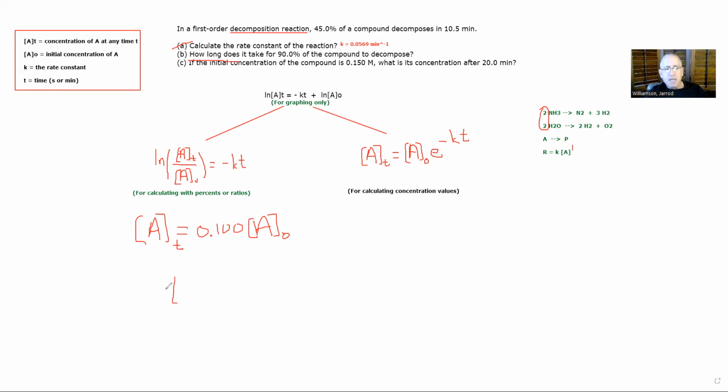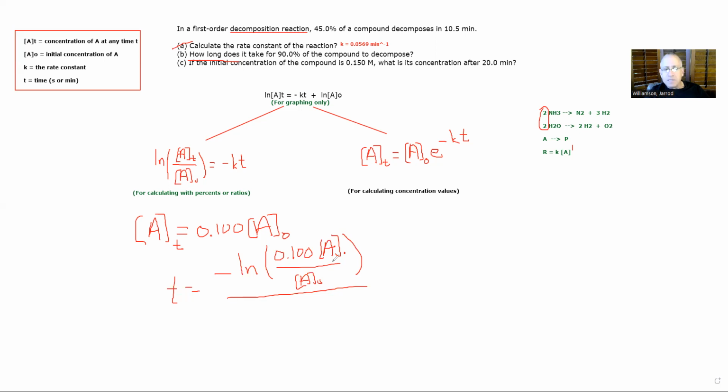So I'm going to have t is equal to minus the natural log of 0.100 A naught over A naught. I don't know what the original concentration was, but I know these are going to cancel. Divided by k, the rate constant.